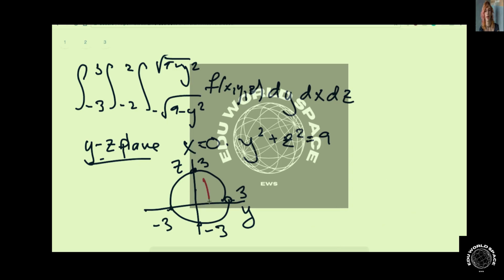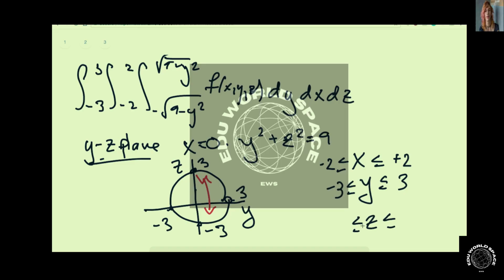So if we treat this as region 1, well, our x's are still ranging between 2 and -2. Our y's are going to be ranging between 3 and -3, but our z's are going to be varying up and down. So how do we solve for z? Well, we've done this once before.